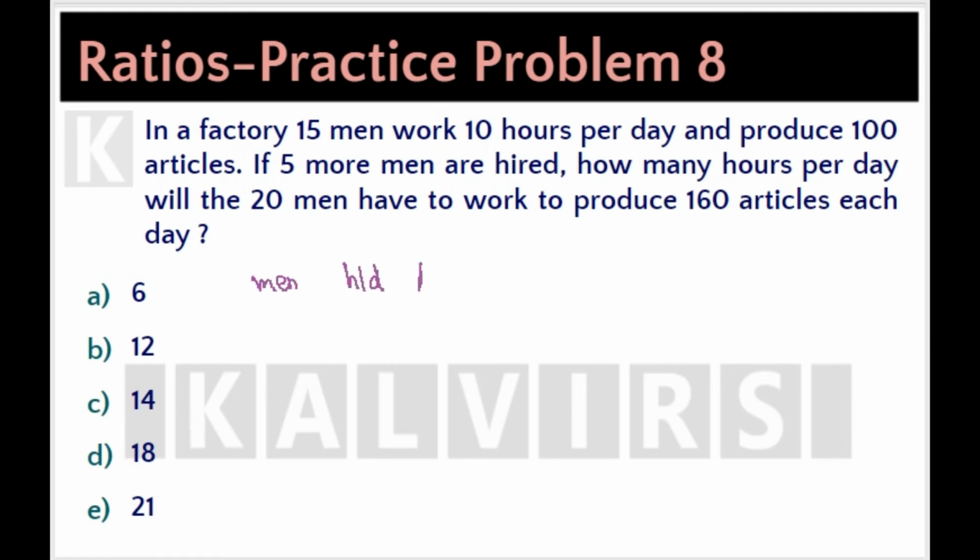Men, hours per day, and articles. 15 men, 10 hours per day, 100 articles. 20 men, x hours per day, this is the variable, and 160 articles. Now, hours per day is directly or inversely proportional to the number of men.